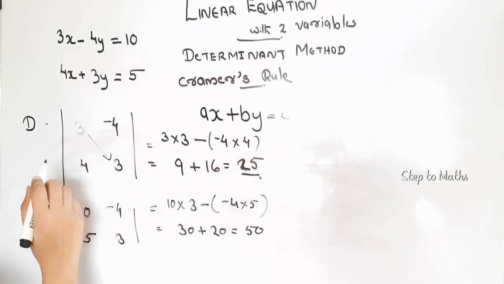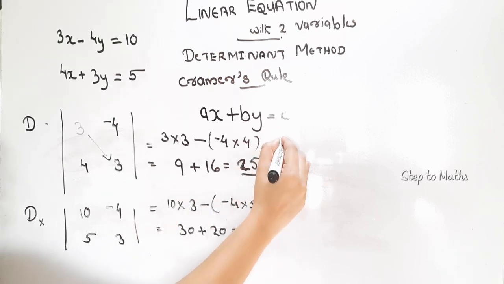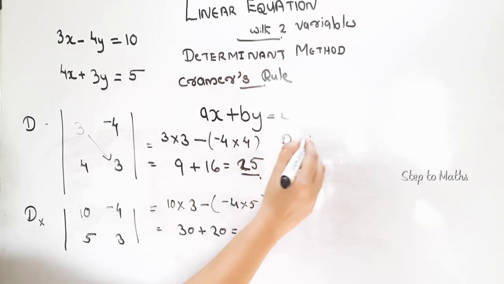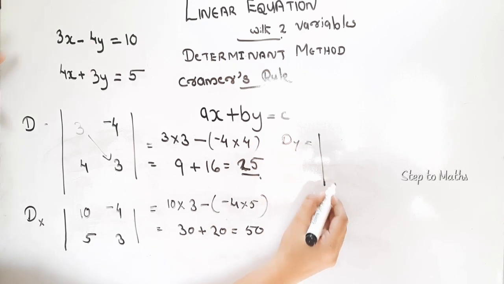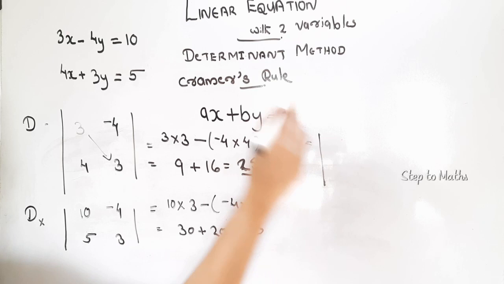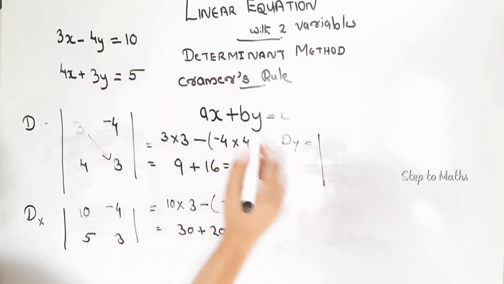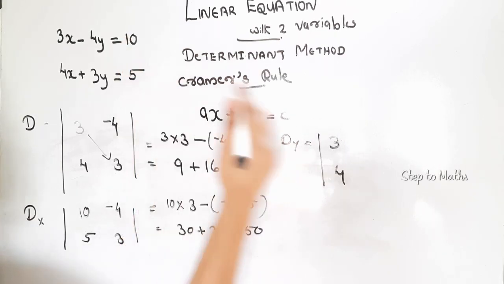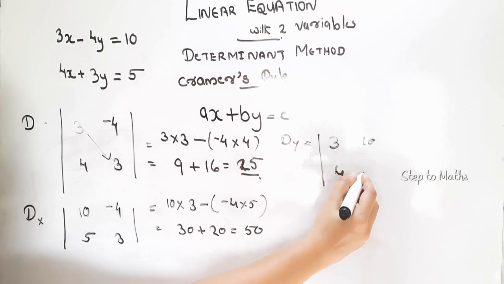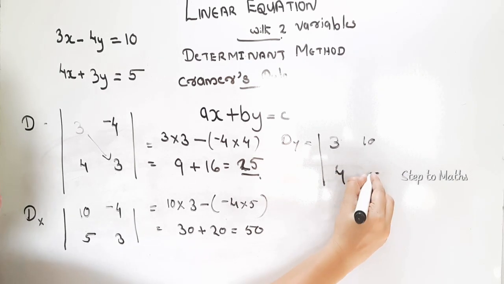Now we have to find the determinant dy. How do we get dy? The coefficients of y have to be replaced by C1, C2. That is 3, 4 and 10, 5.